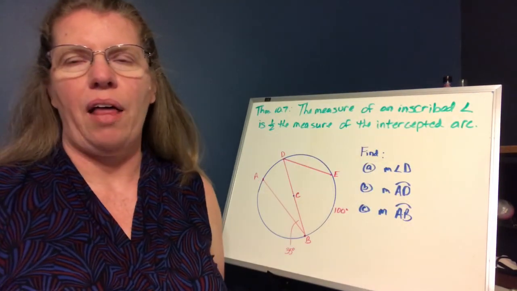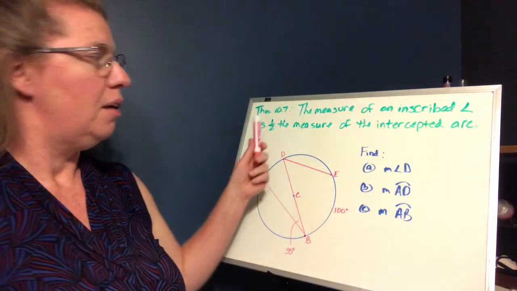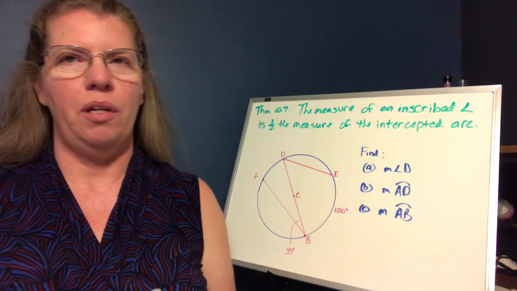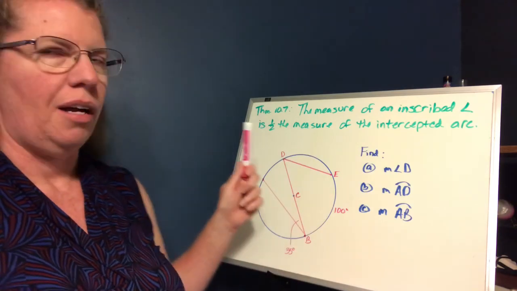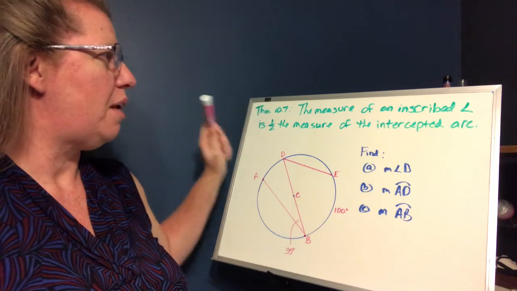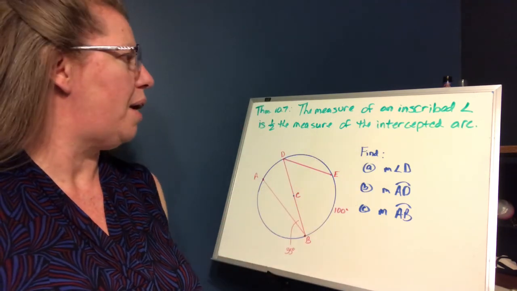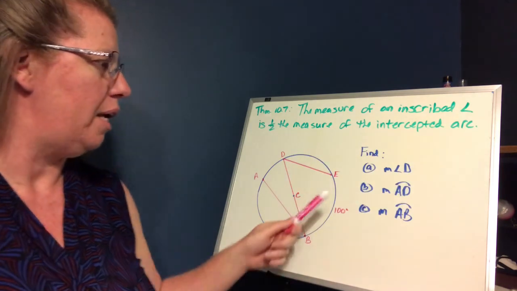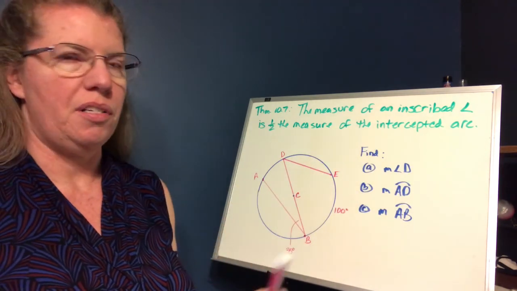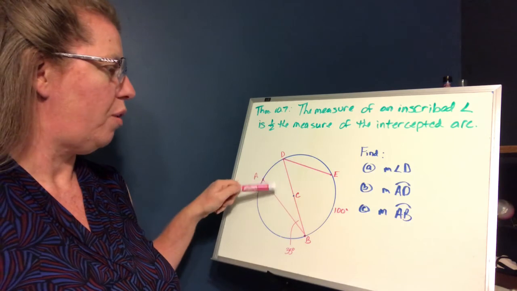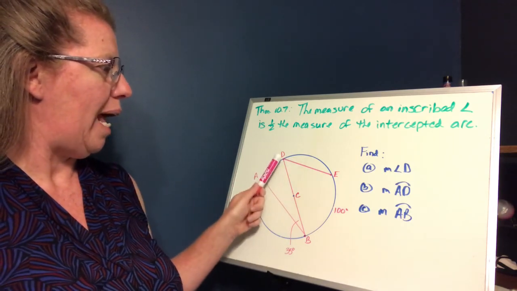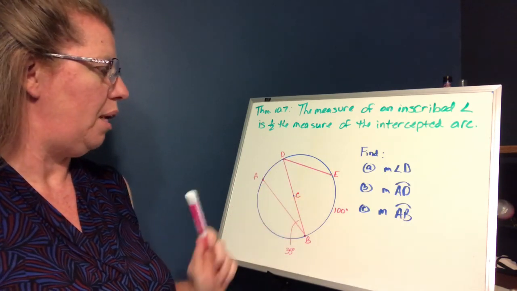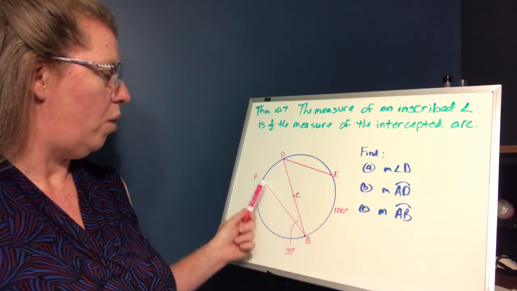Okay, let's look at theorem 10.7. I'm getting a lot of theorems here, so hopefully you have started your notebook already. I may have said that last time. Theorem 10.7: the measure of an inscribed angle is half the measure of the intercepted arc. Let's look at our picture here for an example. We actually have 2 inscribed angles, angle D, or EDB, and angle B, or ABD.